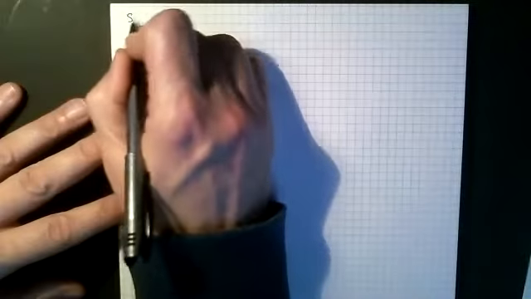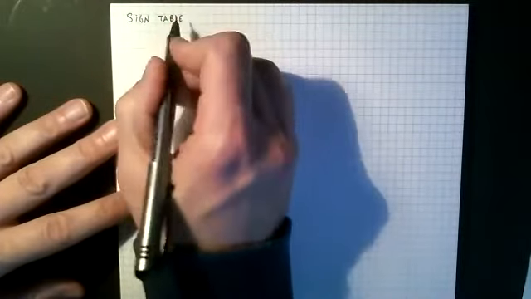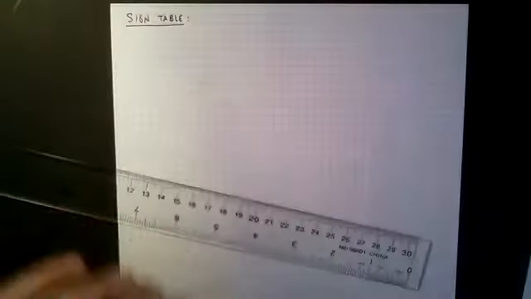The last part before actually sketching the graph is doing a sign table. Different teachers have different ways to do it. I'll do it my way. If you have another way, good for you. I think my way is very efficient, and you will see what I mean by that. So this is what you do.